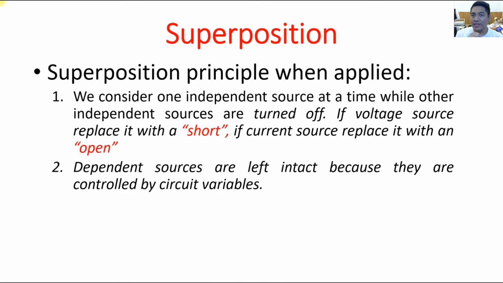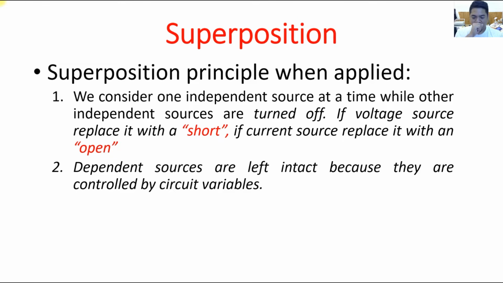And then after analyzing the circuit, the next one, we are going to turn off the current source and then turn on the voltage source. Just let the voltage source be there in the circuit. Okay, so if we have three, we are going to analyze one at a time.